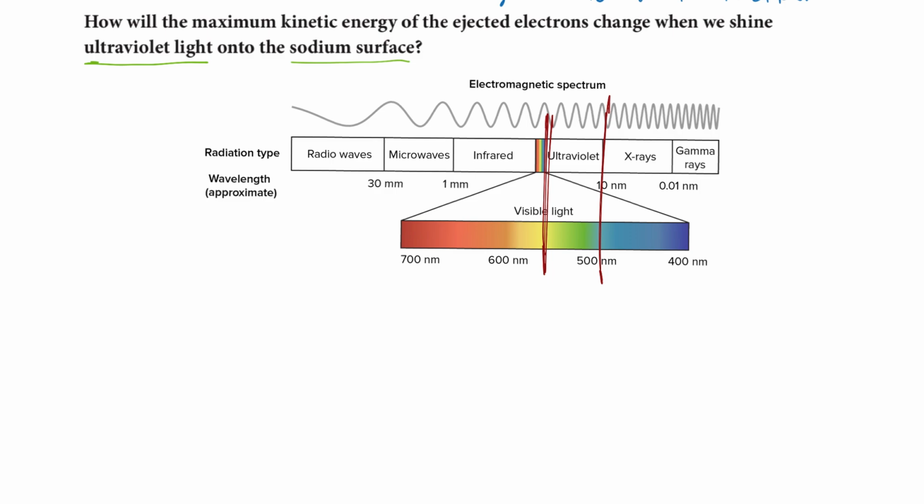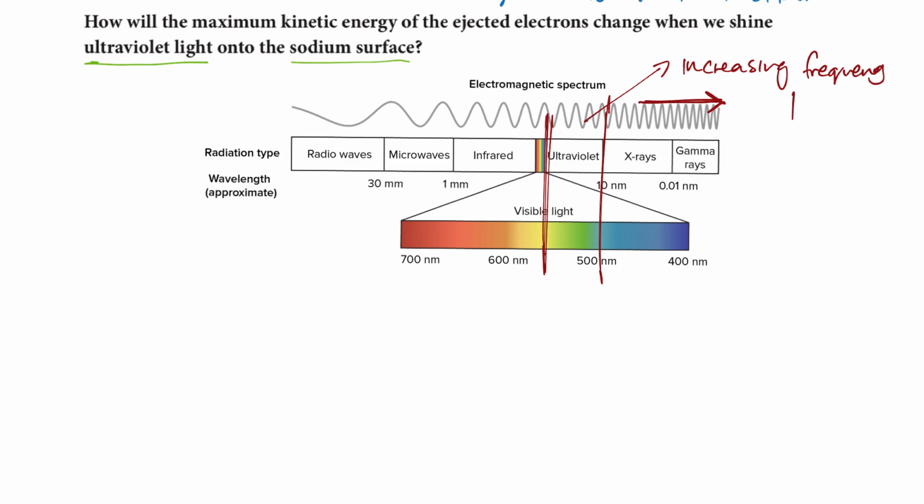So two things we know about the electromagnetic spectrum is that over here we are increasing frequency as we move this way across.